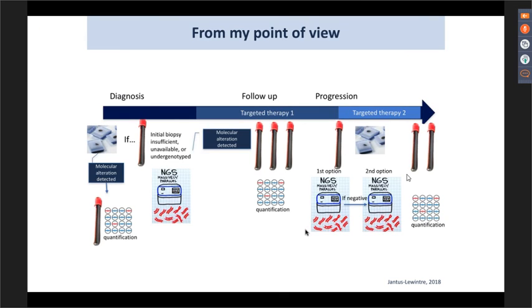From my point of view, a drop of blood can give us a lot of valuable information. Liquid biopsies have a key role in the clinical management of oncological patients and are an important player in the implementation of precision medicine.